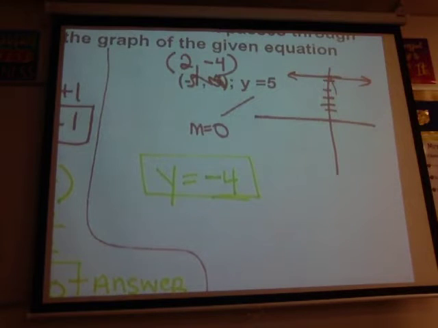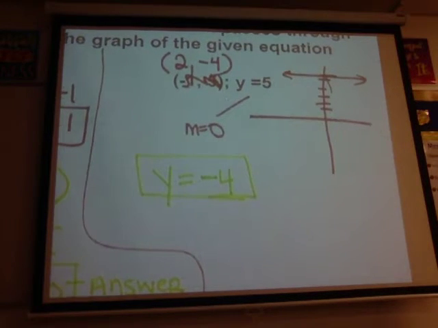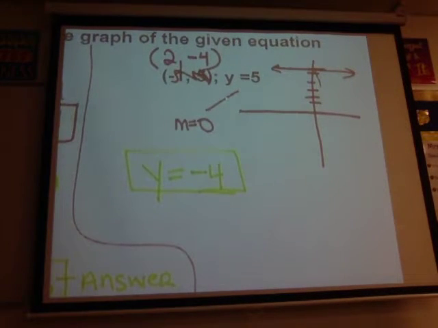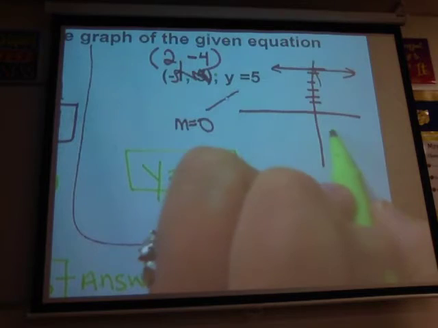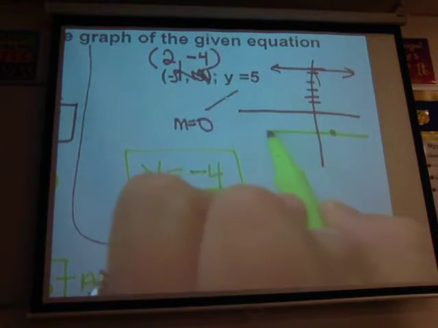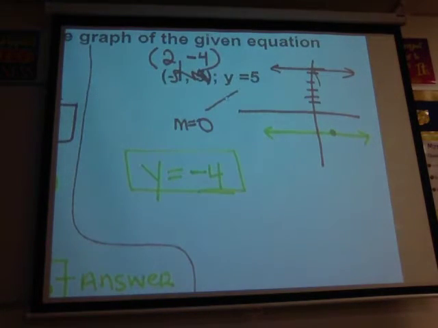That's your answer. Another way you could do it is plot this point 2, negative 4, and draw a parallel line. Your y's have to stay with y's if it's parallel, and your x's stay with your x's.